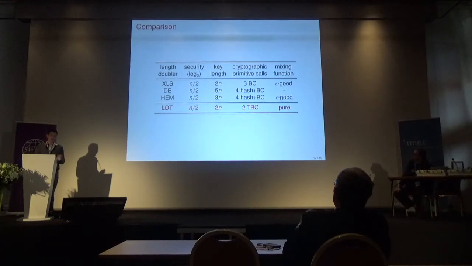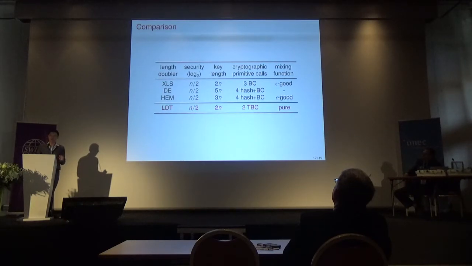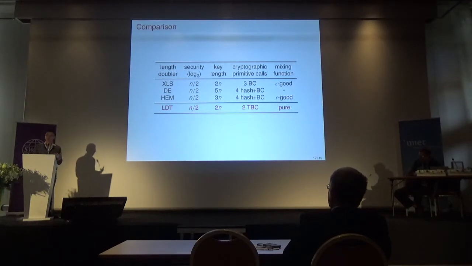Here is a table of comparison. We can see that LDT compares favorably, especially in the case of key size and in the case of the number of cryptographic primitive calls. And as long as we use dedicated tweakable block ciphers like Skinny or Deoxys-TBC, actually as long as the sum of the two tweakable block cipher evaluations is cheaper than the sum of the 4 cryptographic primitive evaluations in the case of DE and HEM.